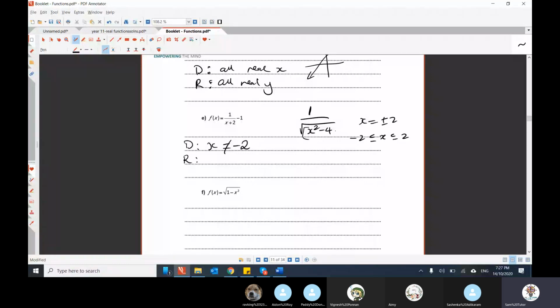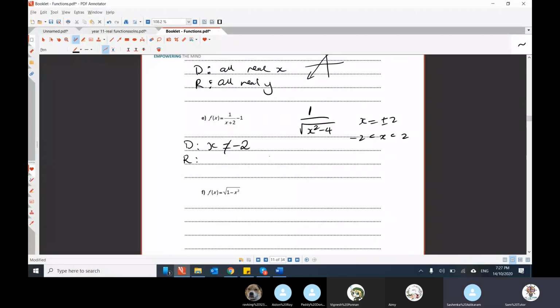You can probably see that's a circle or a semicircle, but we don't want to get into that too much. That's why I rubbed out the equal to. Same reason here, it can't be 0 on the bottom. That's why I rubbed it out and said it's everything between -2 and 2. So similar concepts for you to remember: the bottom can't be 0. Yes, x cannot equal -2, and range.